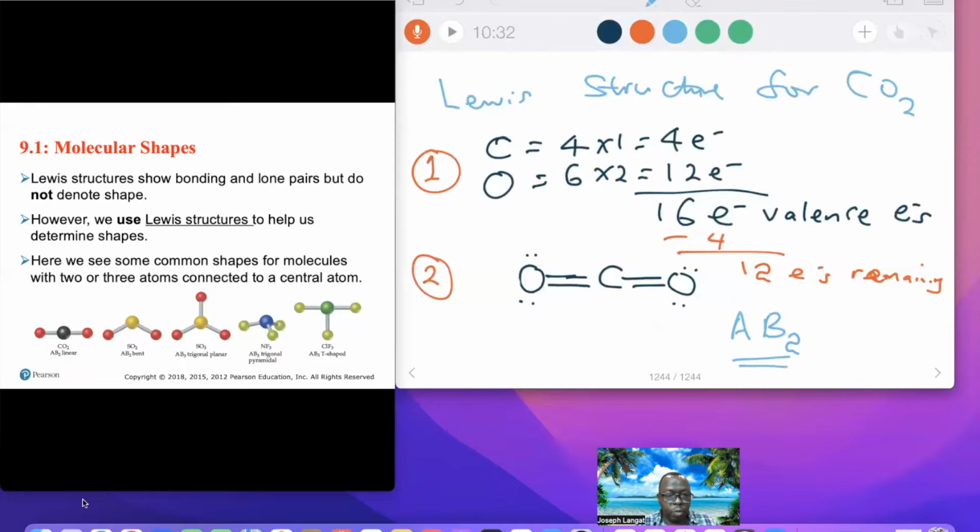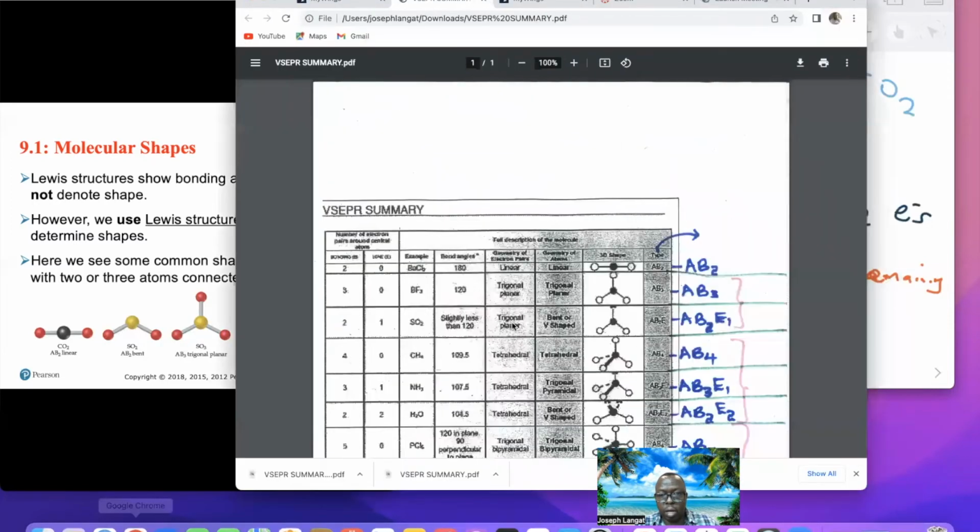This is now when you go back to your table and say, okay, what is the structure of AP2? It is linear, which means linear with 180.